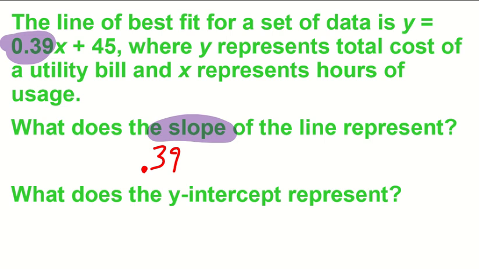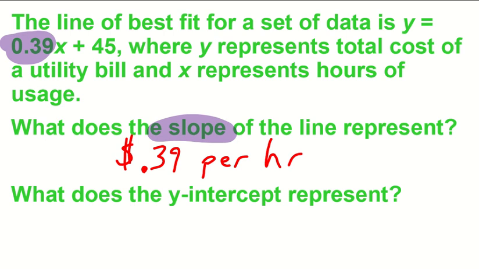Total cost. So we're talking about money, right? So when we have the slope, you're using your each, every, per kind of things. What that means is our thing we're looking at is going to be money, right? So that's 39 cents per, what's the x value? What's x mean? Hours.